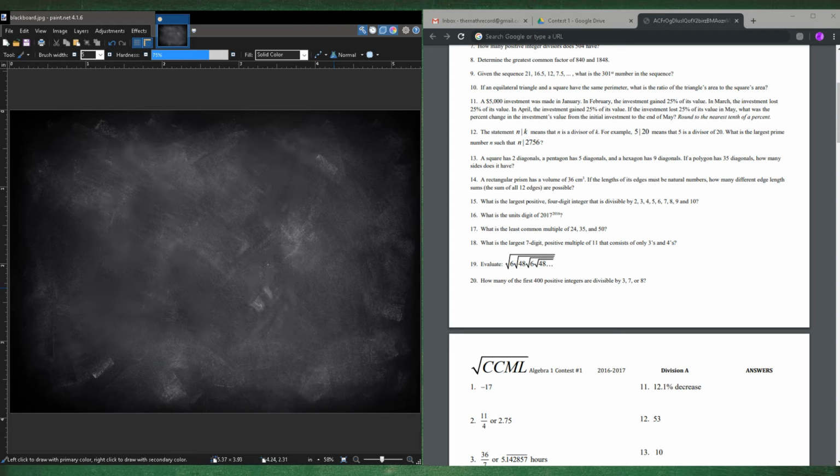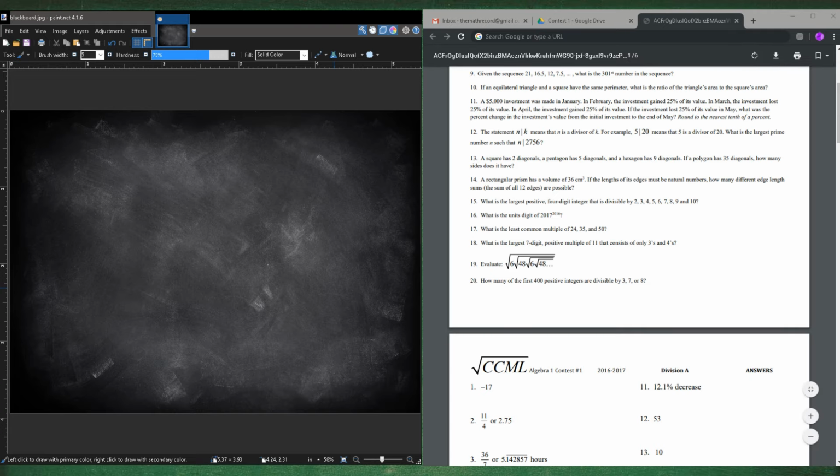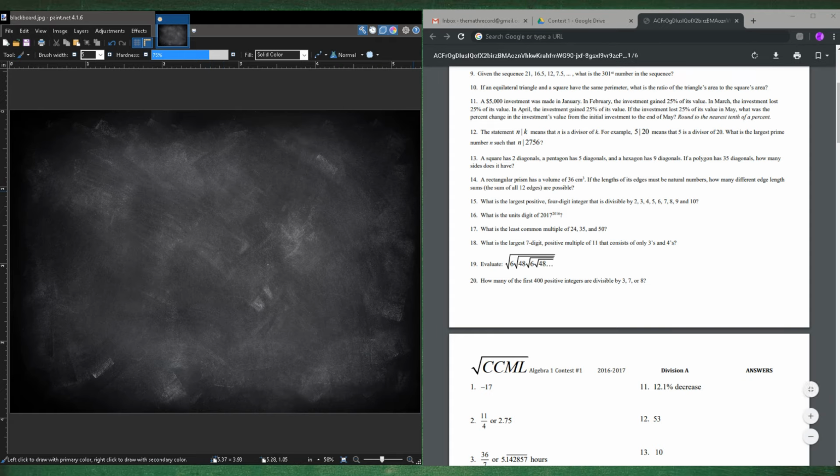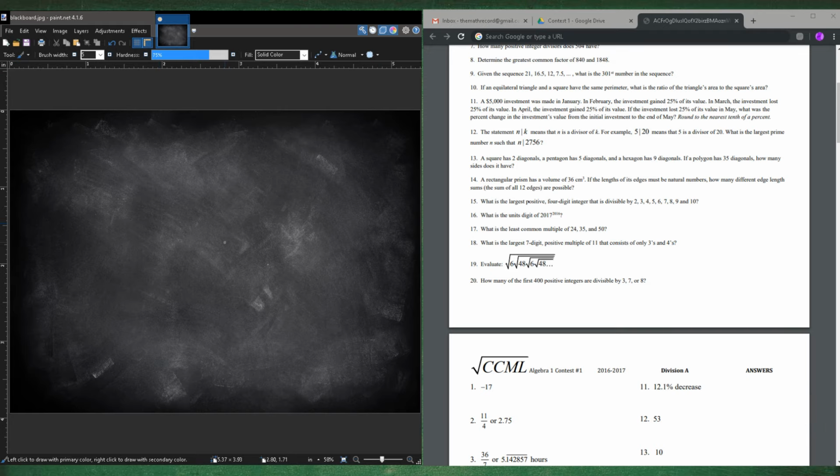These questions will recur in CCML a lot, the units digit. To go back to the units digit question, you just look for the pattern. Always do the exact same process. If it's 2012, then just get 2 to 1, 2 to 2, 2 to 3, and 2 to 4. It usually repeats every 4 cycle, except a few numbers that don't.